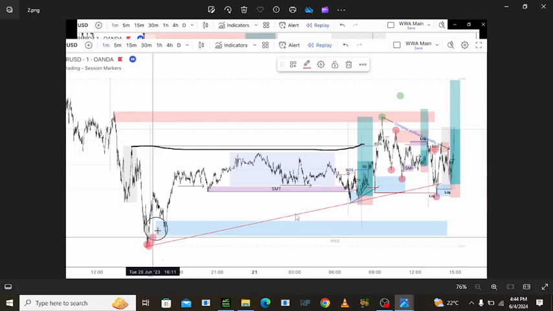See, took out this liquidity, took out this Asian low, Asian high. M5 turned bullish, M1 is bearish, and it took out this trendline liquidity and this inducement, pushes to the upside, break the structure. You see, now M15 is bullish, M5 is bullish, and M1 is bullish, and this is during New York Session time window.